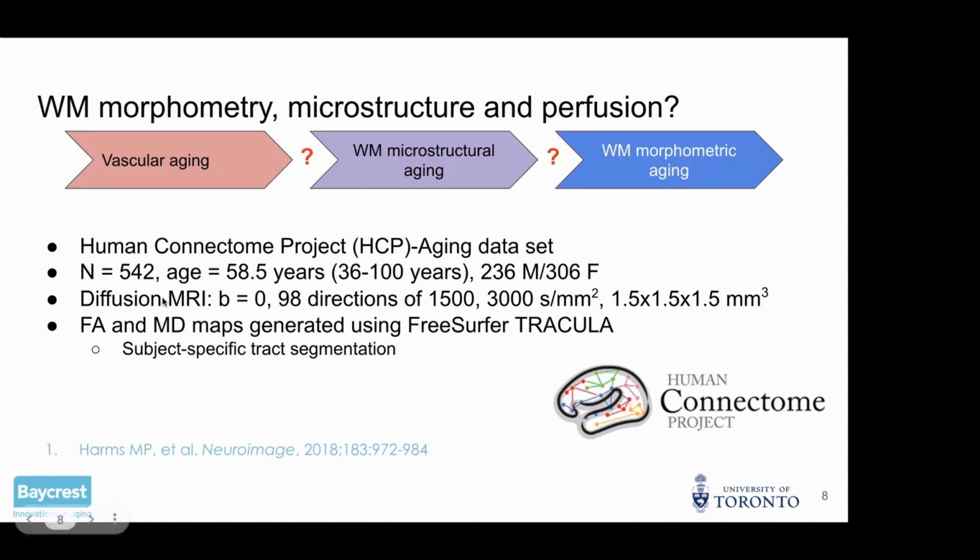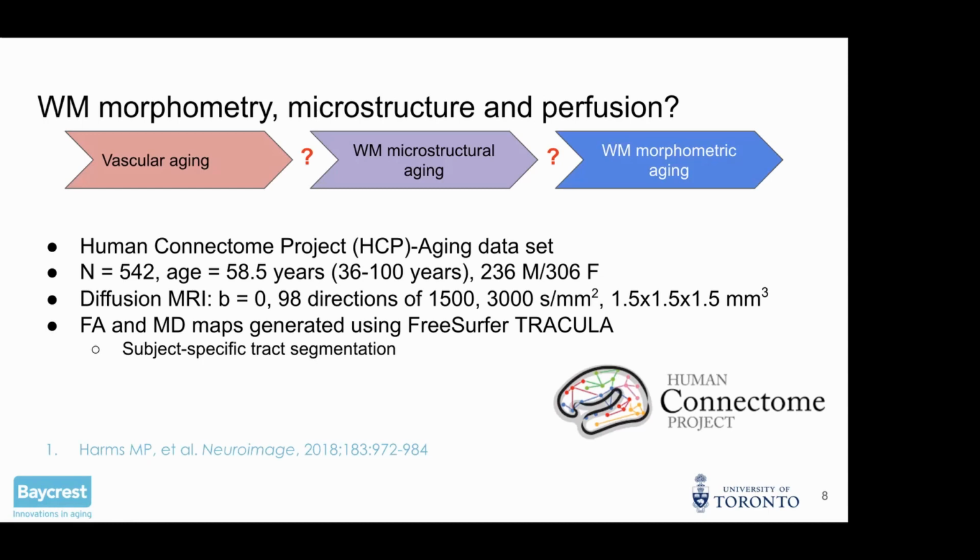So through very strict screening for image quality, we ended up with 542 subjects, roughly an even split between males and females, and their age span is 36 to largely 90, with a few stragglers between 90 and 100 years of age.